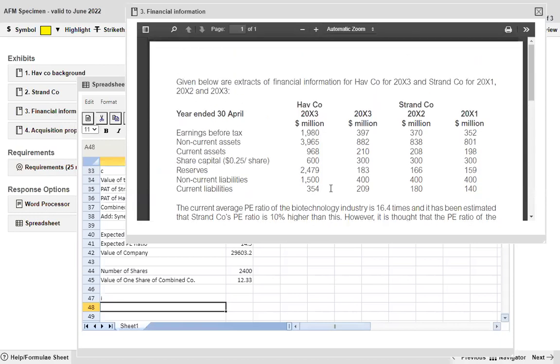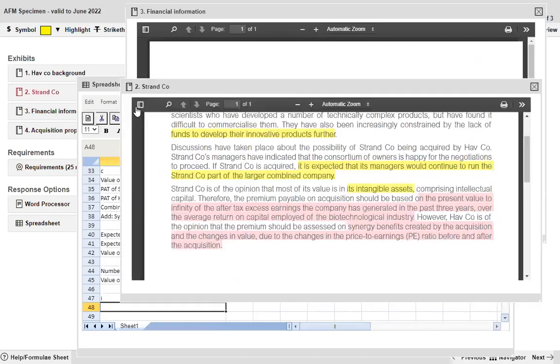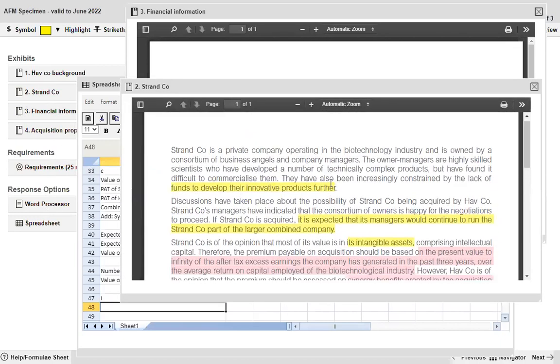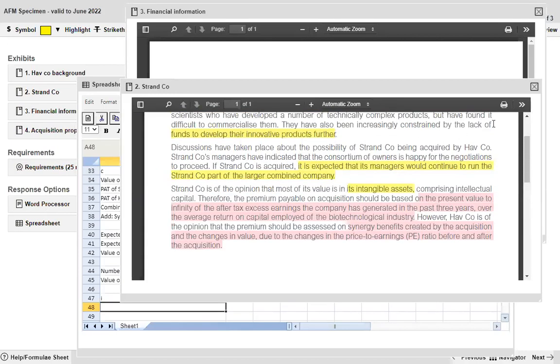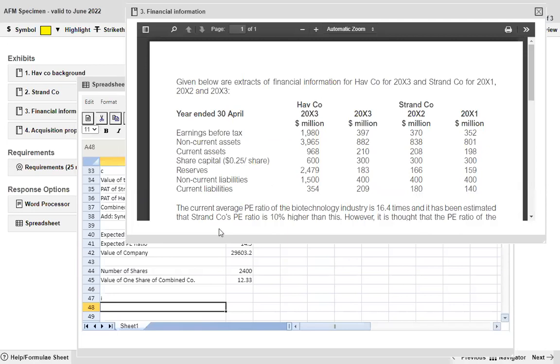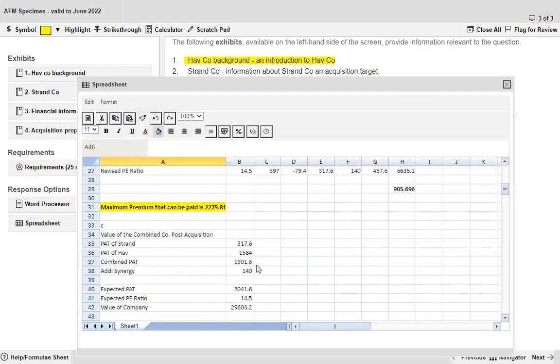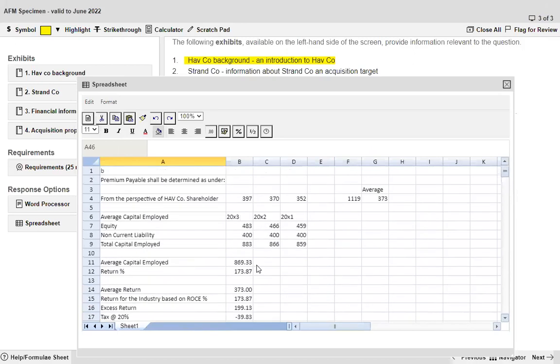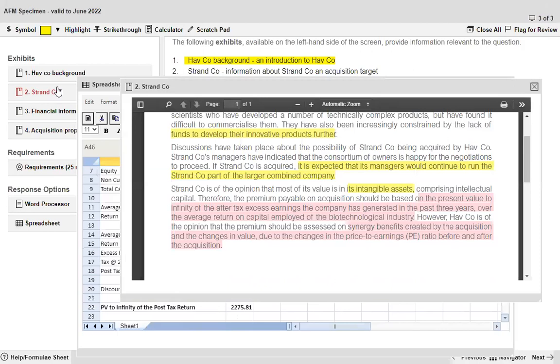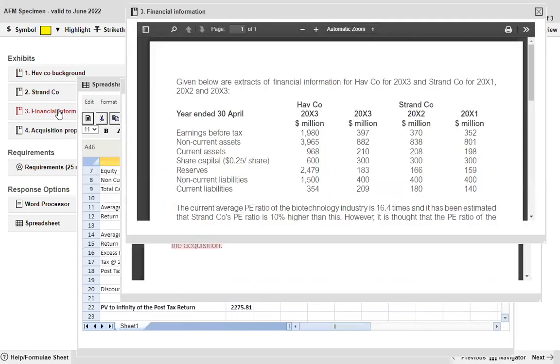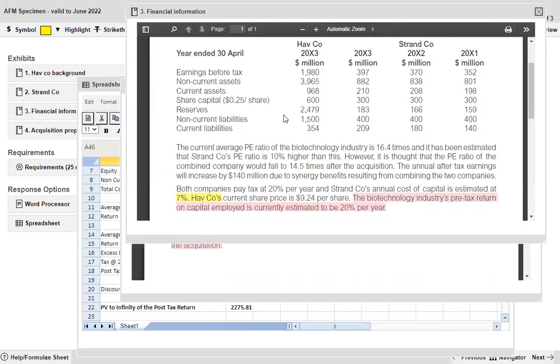Do we have the Strand company's current share price? Anywhere in the question, do we have the current share price of Strand?